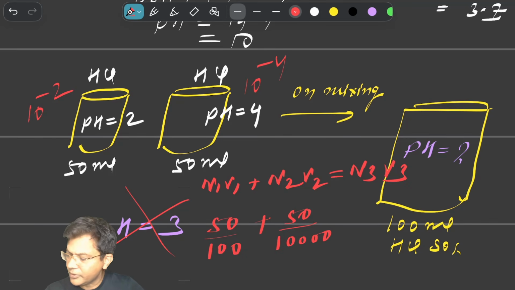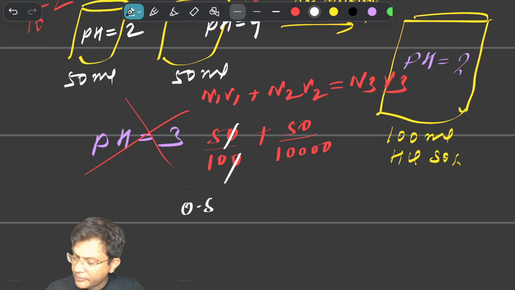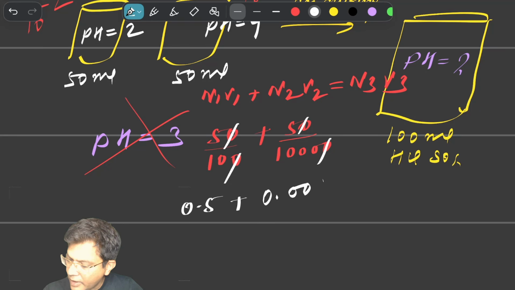So my dear students, how much is it coming? Is it easy or tough to solve? If it is looking tough, let me tell you that the zeros will go up, or you can directly cut here. This is coming 5 by 10, that is 0.5, and that is coming, so one 0 has gone, so it is coming 0.005. Am I right?